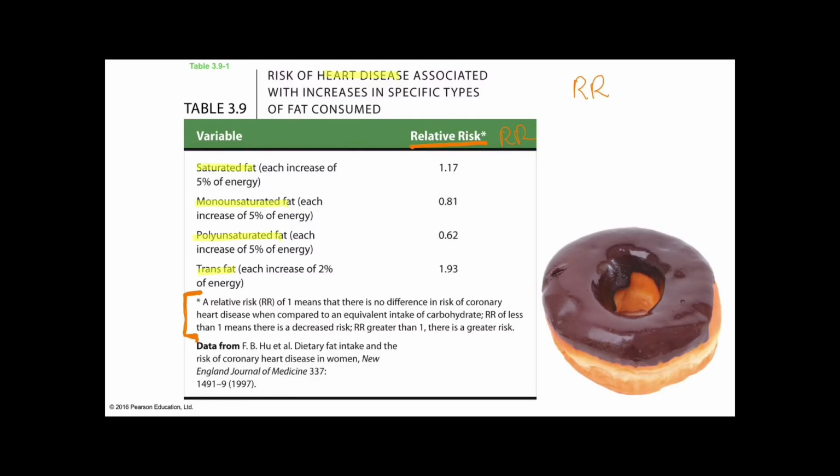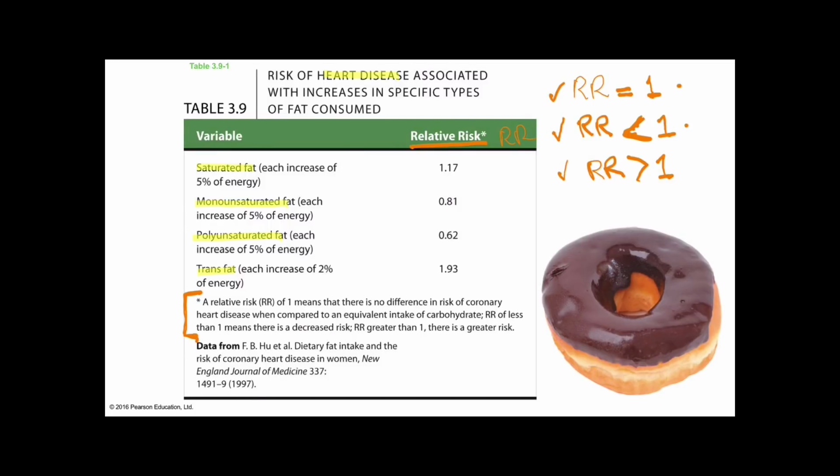So if relative risk equals to 1, or relative risk less than 1, or relative risk higher than 1. يا إنه يساوي 1 ولا أقل من 1 ولا أكبر من 1.